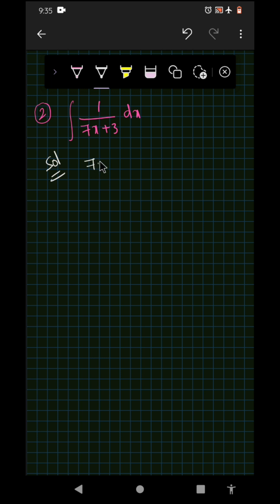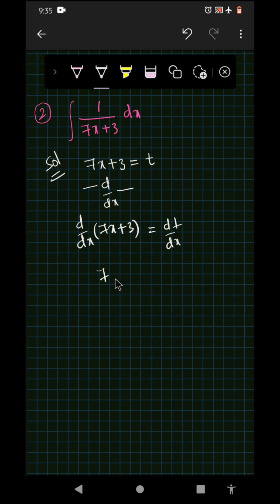Let 7x plus 3 is equal to t. Now differentiate on both sides with respect to x. d by dx of 7x plus 3 is equal to d by dx of t. d by dx of 7x is equal to 7 only, and d by dx of 3 is equal to 0. We get 7 dx is equal to dt, or dx is equal to dt by 7.